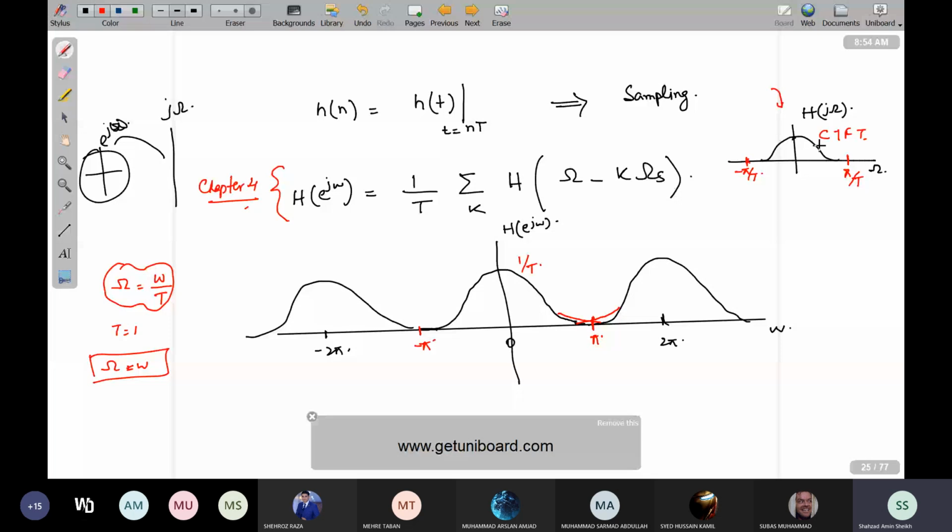But if something is leaking out of pi over T, you will have aliasing in these multiple copies, and these will deteriorate your desired frequency response. So this is your transformation in the frequency domain, capital Omega is equal to omega T. When you change your specifications, you will use this transformation.